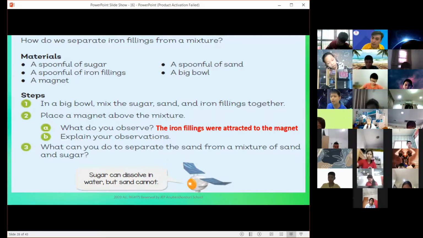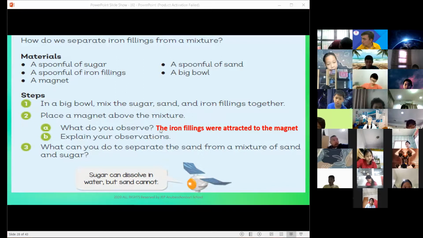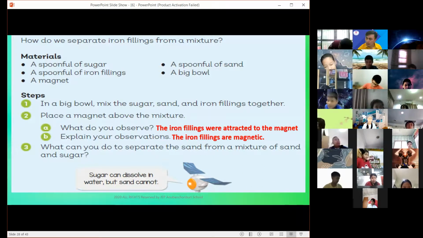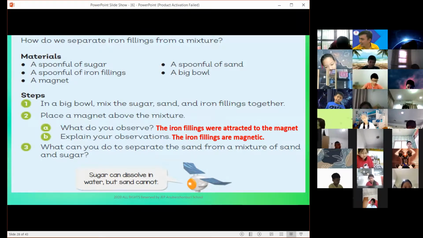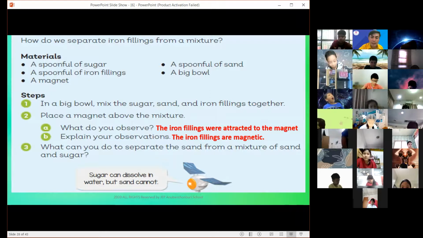And the sugar is not magnetic. The sand is not magnetic. So in simple words, the answer here is the iron fillings are magnetic.